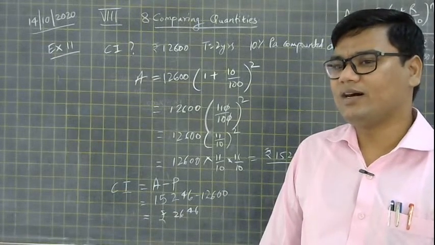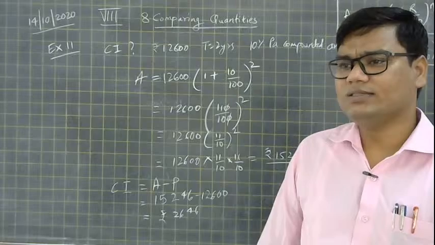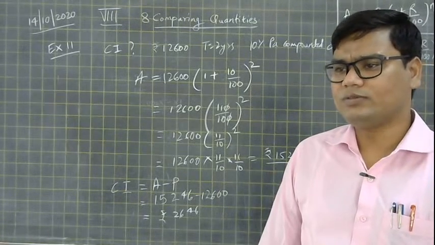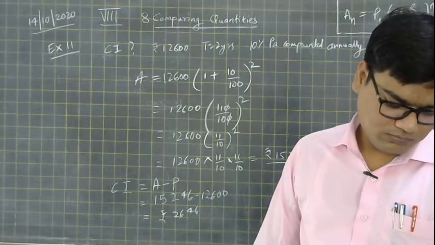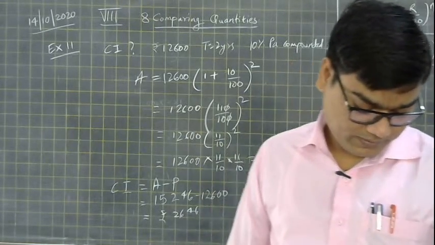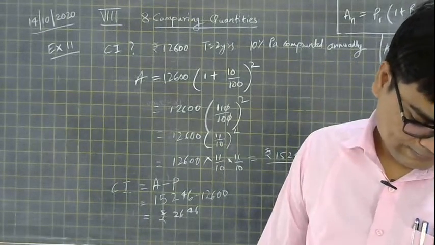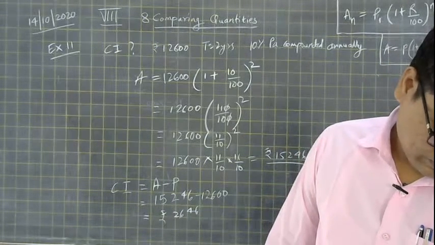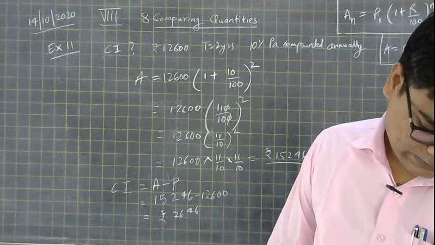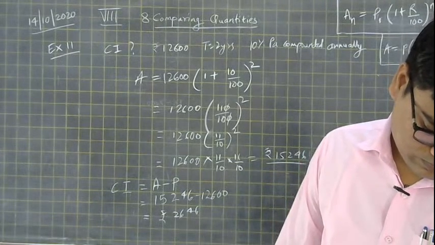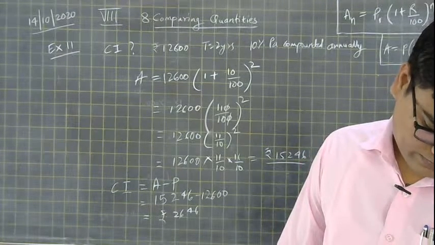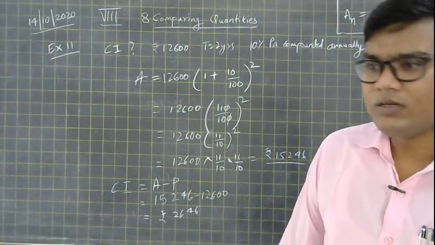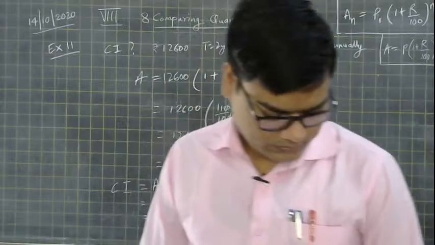After calculating the amount, we find the compound interest by subtracting the principal from the amount.